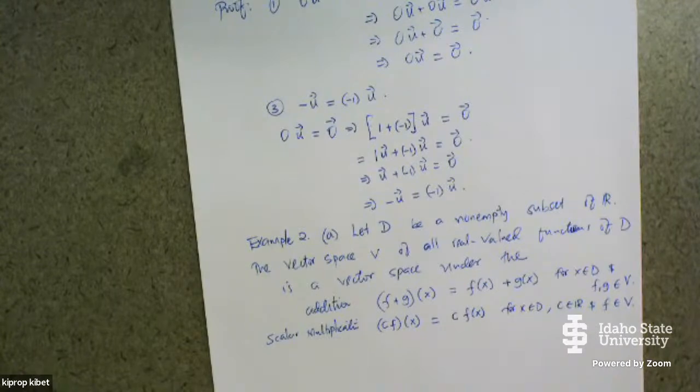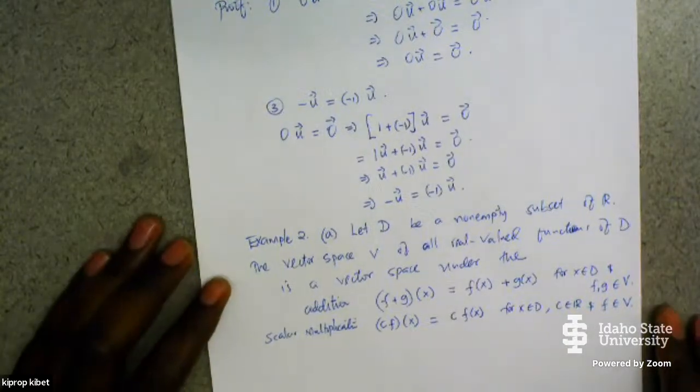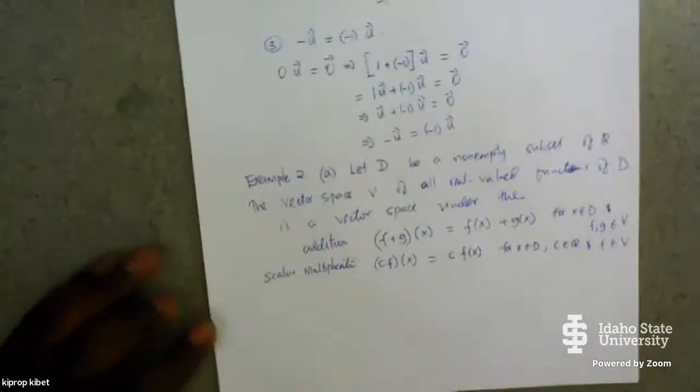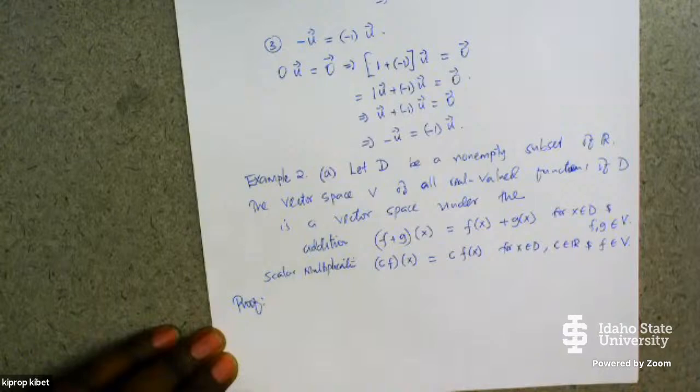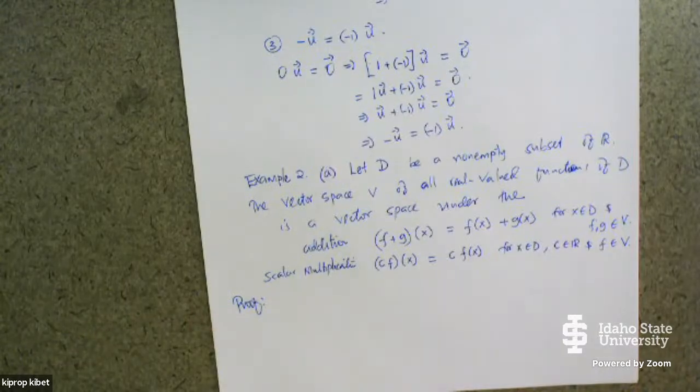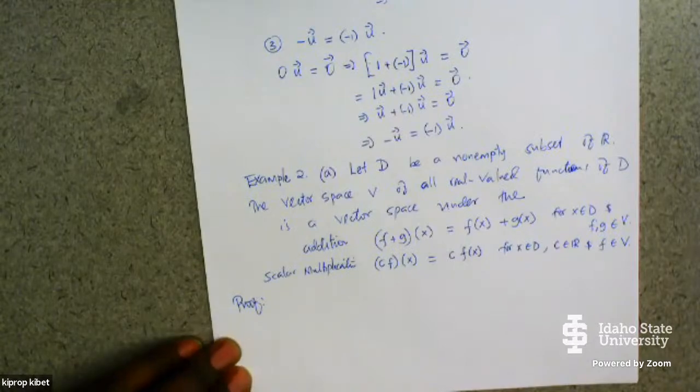I'll just show you one of the steps, and then the others will just be similar to the axioms that we have just looked at. So the first thing you need to show is that this is actually non-empty.